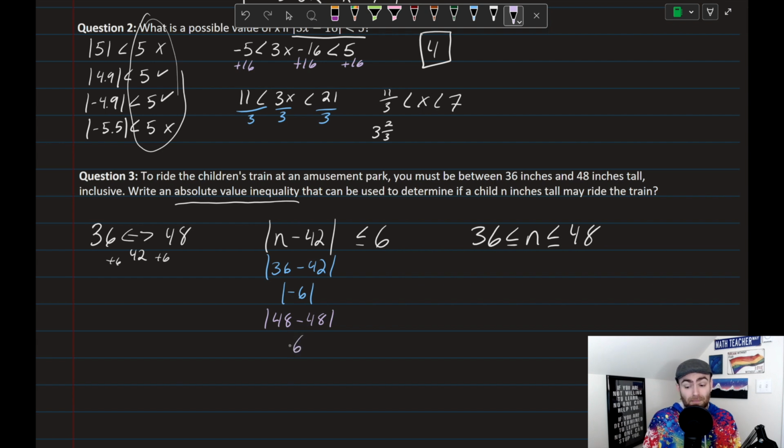We'd get a +6 in absolute value, and that also works. And if we test something that is outside of our range, like 50, if we take away 42 from it, we get 8, and the absolute value of 8 is not less than or equal to 6, so it doesn't work. So this is our setup.